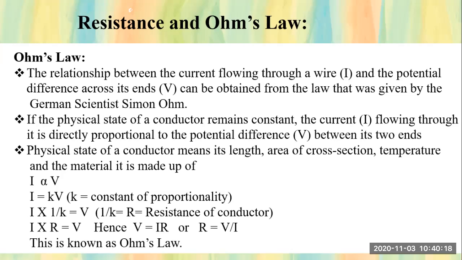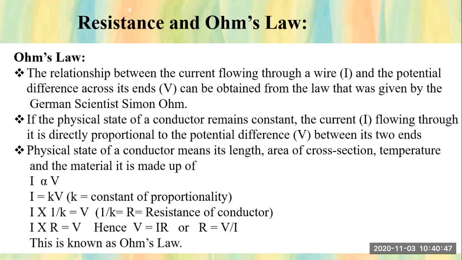Now, what was that law? It was a relationship between the current and the potential difference across its ends. If the physical state of a conductor remains constant, the current I flowing through it is directly proportional to the potential difference V between its ends.